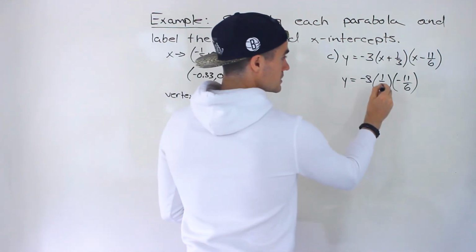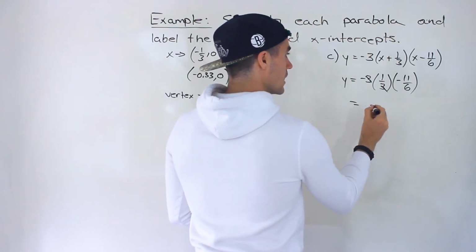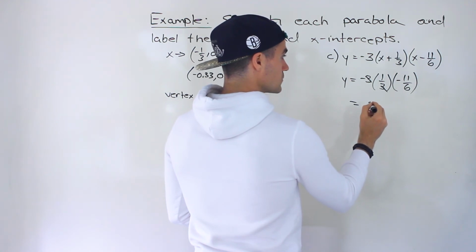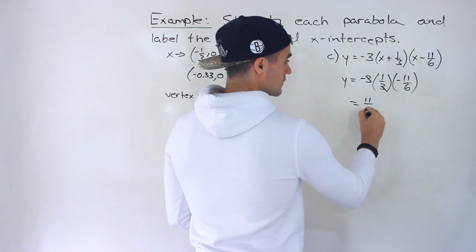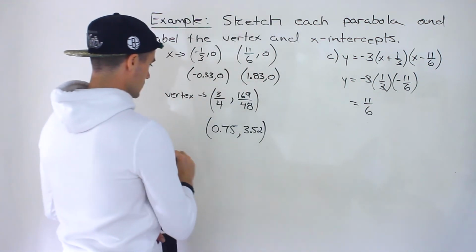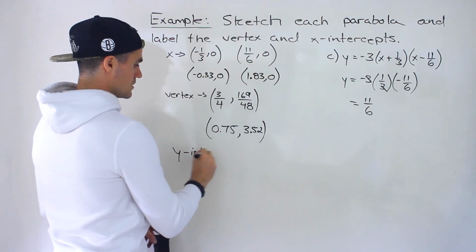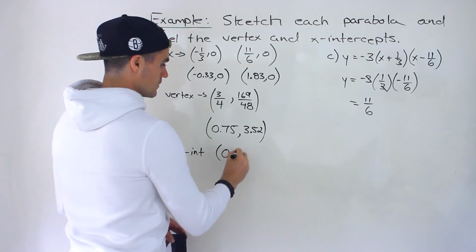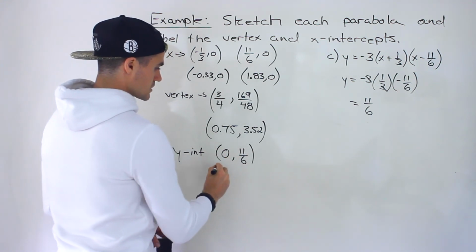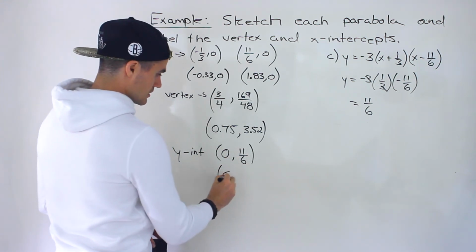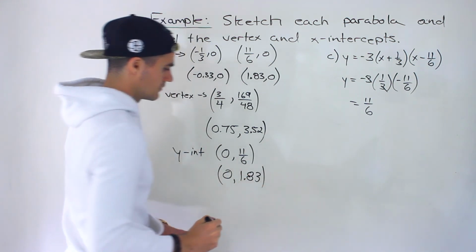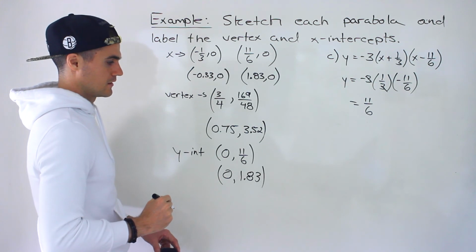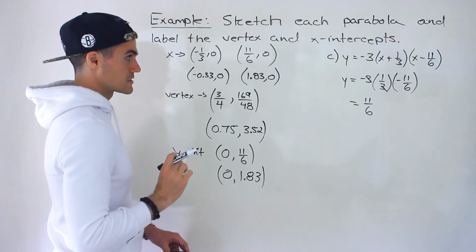So this cancels out, so we end up with just -1 times -11/6, which would give us positive 11/6. So the y-intercept would be 0 and 11/6, which is 0 and 1.83, approximately, if we're keeping track of the decimals.